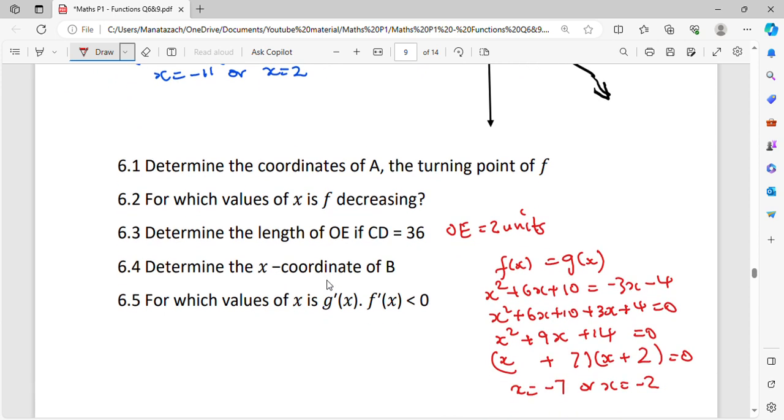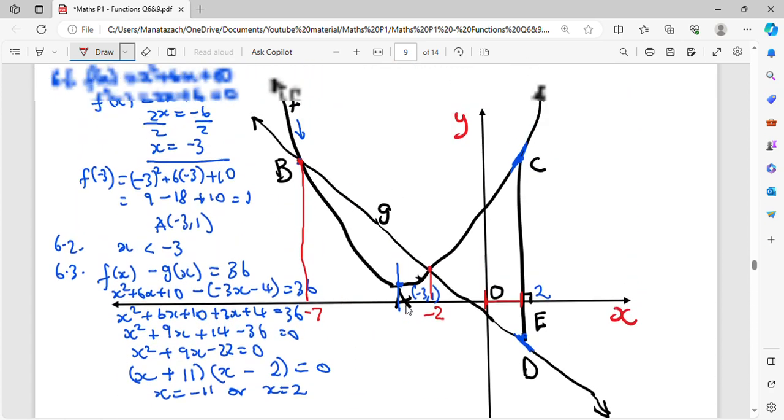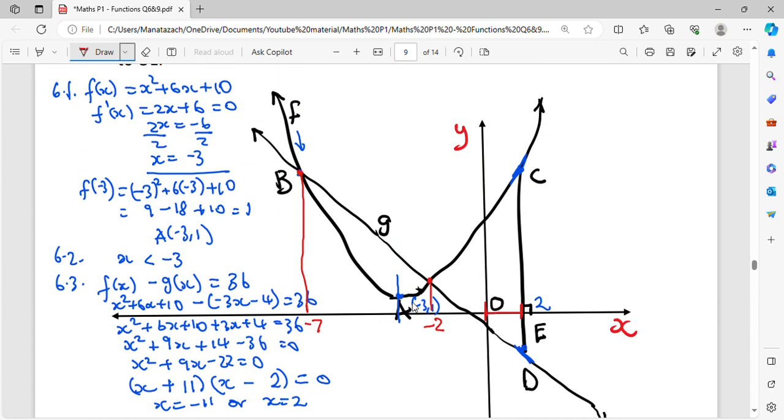Let's come to 6.5: for which values of x is g prime of x times f prime of x less than 0? You'll notice that these are the two gradients. The product of the gradients is negative. Okay, graph g is always decreasing up until infinity, but graph f decreases up until point A, and then from point A it's going to increase.